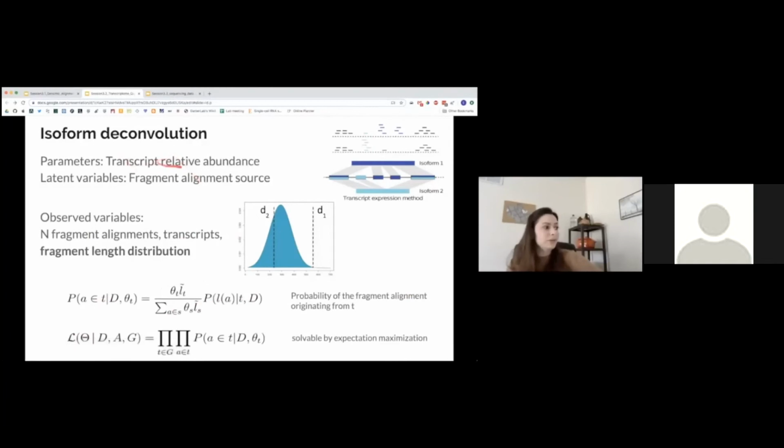So it will try to estimate this parameter we don't know, the relative abundance of the transcript, given the distribution of fragment lengths that are possible and the alignments that you got.